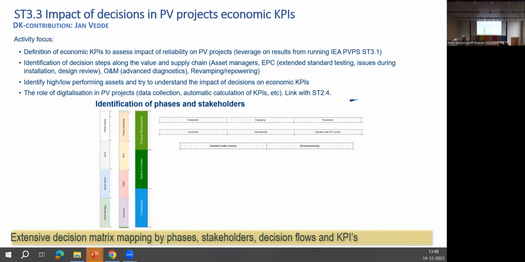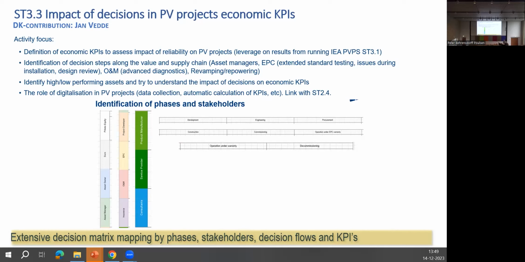I think this is actually the last subtask of all these. Impact of decisions in PV projects, economic and KPIs. So it's an activity where the workflow in a PV project development is being mapped and analyzed.